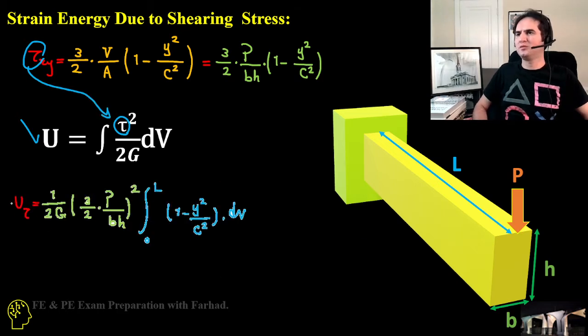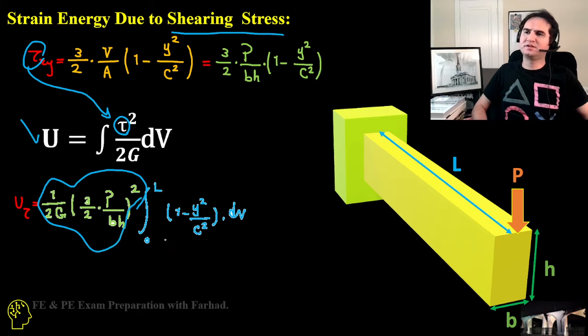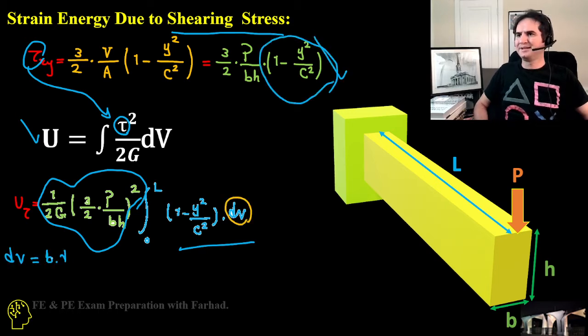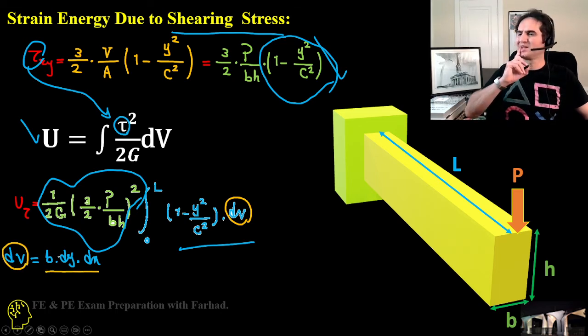So U tau, strain energy due to shearing stress, is 1 over 2G times, just take the constant out of the integration, and then integrate from 0 to L, this part, then dV. And dV is nothing but b dy dx.